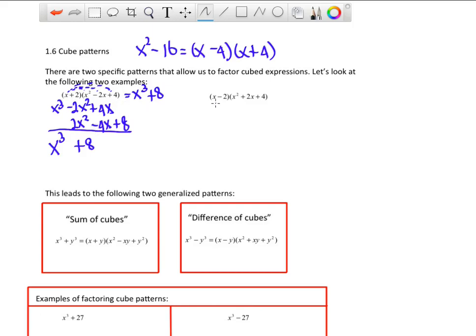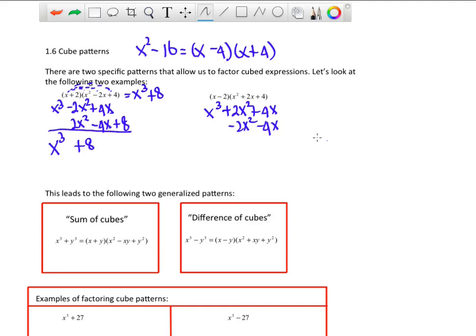Similar thing happens if this is an x minus 2, and then that will be a plus 2 over here. So notice that if this is a plus and that's a negative, then it also should work when that's a negative and that's a plus. And you can probably guess what happens here, but if I work the whole thing out, that's the first x distributed, and then the cancellations with the negative here and the negative there, and then the negative times the positive 4 makes it a negative 8.